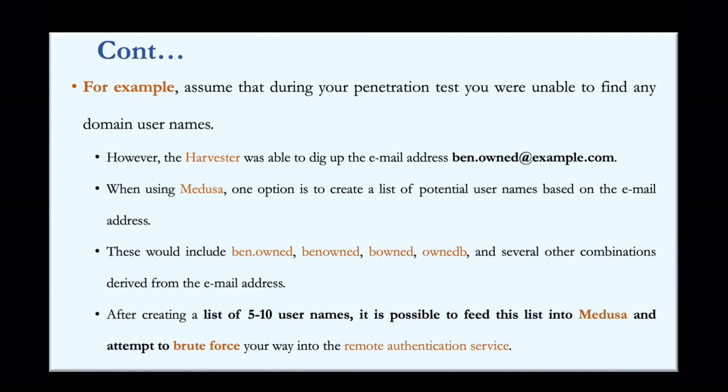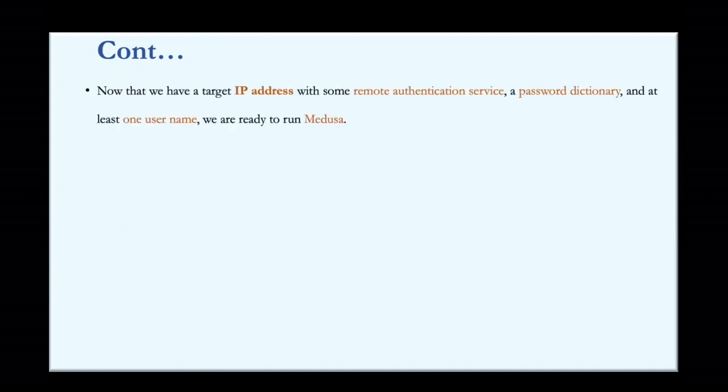Now we have a target IP address with some remote authentication service, because in the scan phase, by giving the IP addresses and port scanning using nmap or Metasploit, you find some open ports, closed ports, and what services are running on those particular ports.